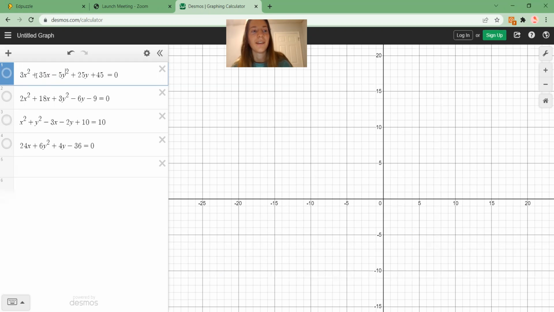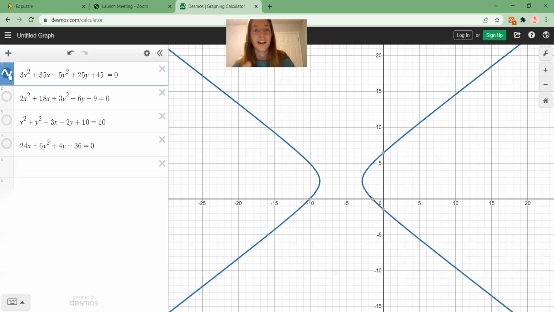So one of them is being subtracted, and this matches the notes that we took on the equation of a hyperbola in standard form. Remember that we have two fractions and a minus sign in between. So either the x squared term is being subtracted from the y squared term, or the y squared is being subtracted from the x squared.